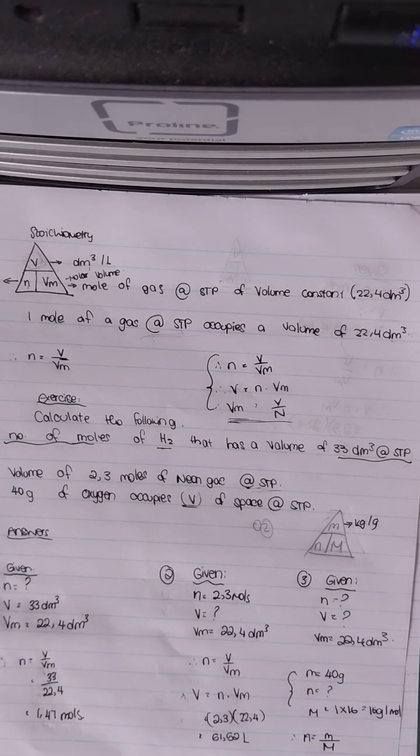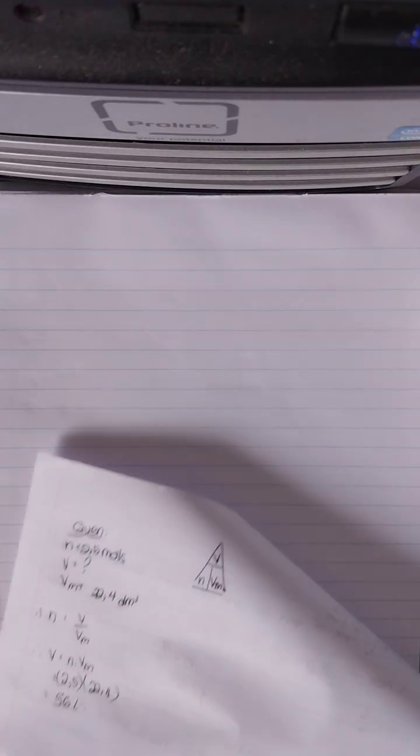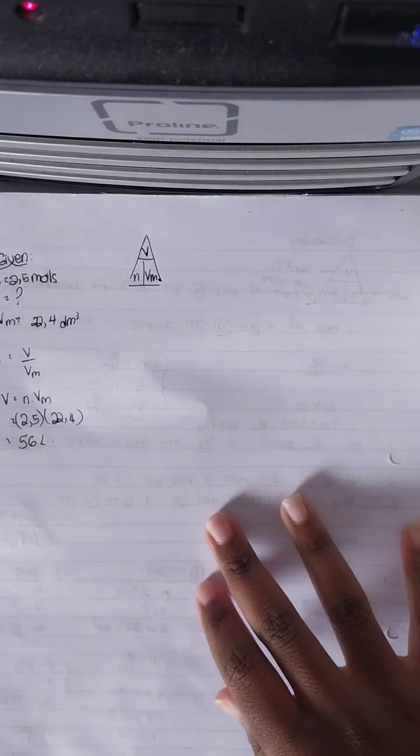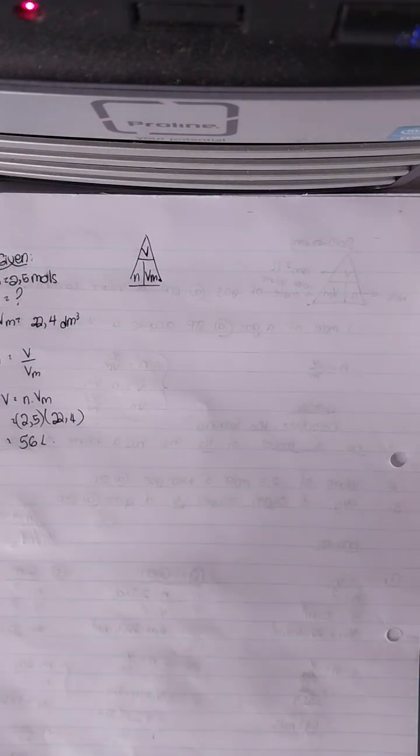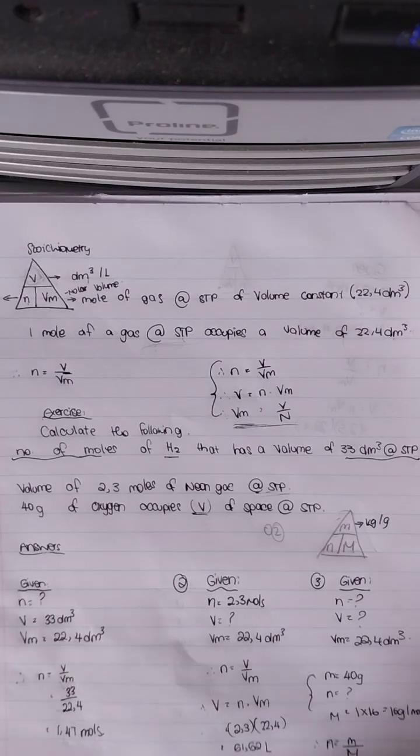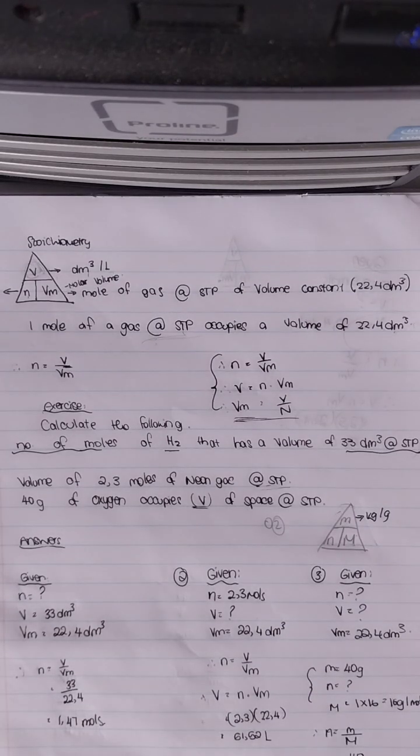We just calculated our molar mass and we already have our mass, which was given, and then we're able to calculate our V due to that. Please don't get confused, it's really that simple. But if you practice, practice always makes perfect.